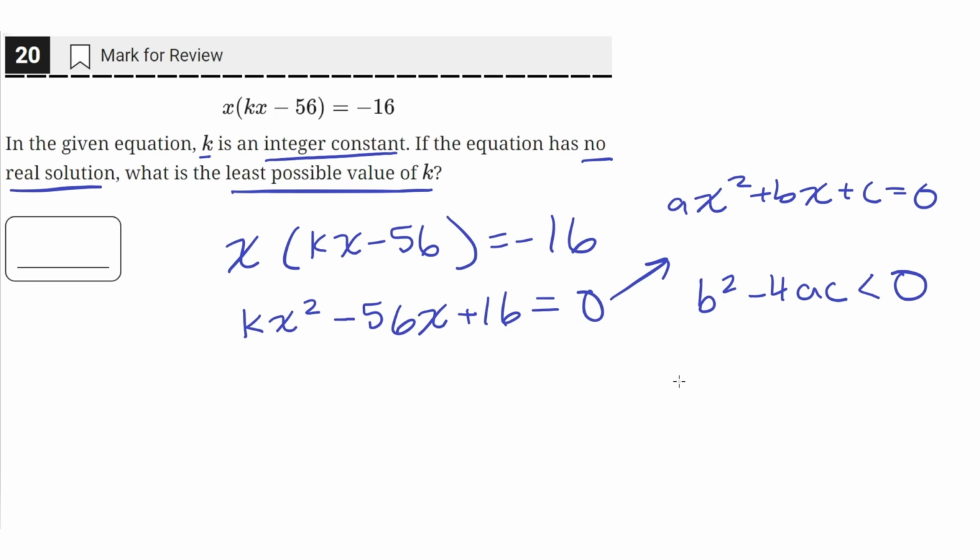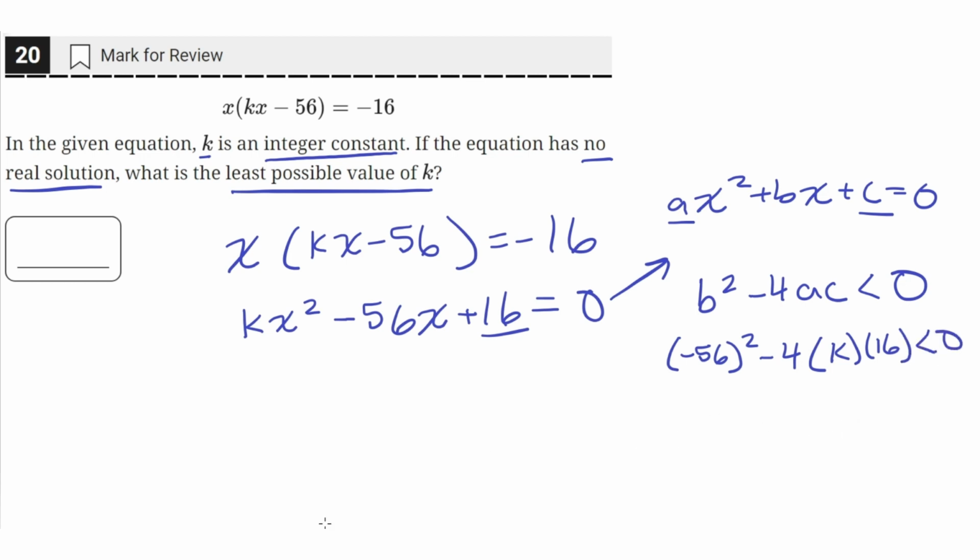So it'll be negative 56 squared. And then minus 4 times a, which is the coefficient of the x squared term, and that's k. And then c is the constant, so that's 16. So 16. And that has to be less than 0.